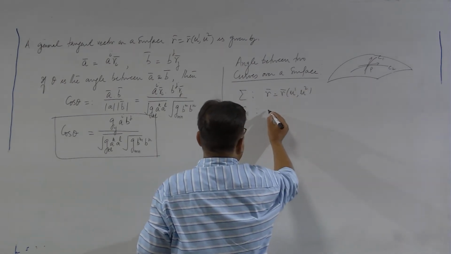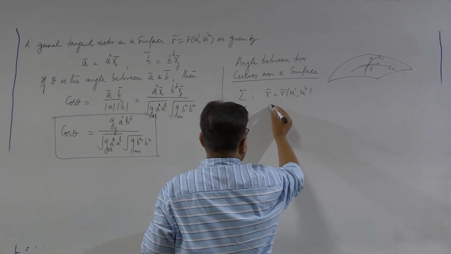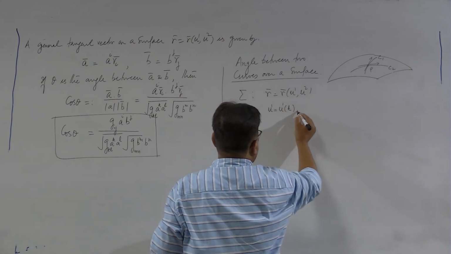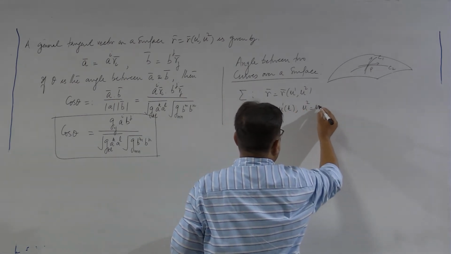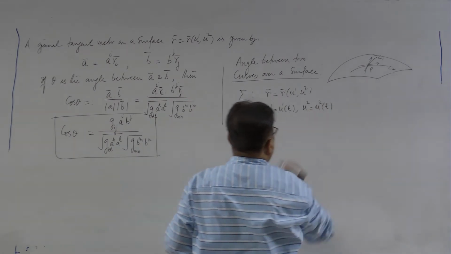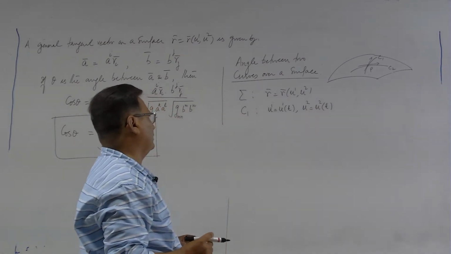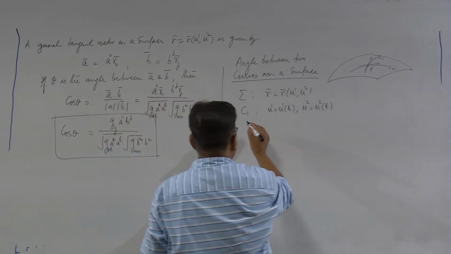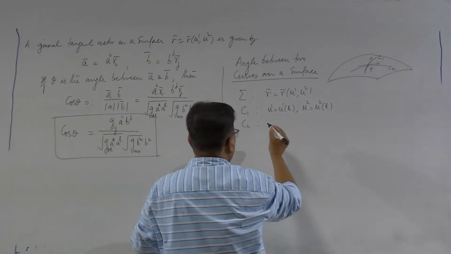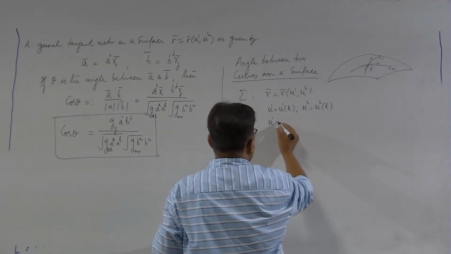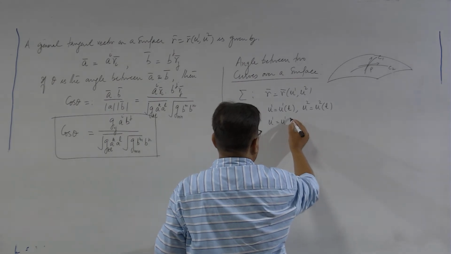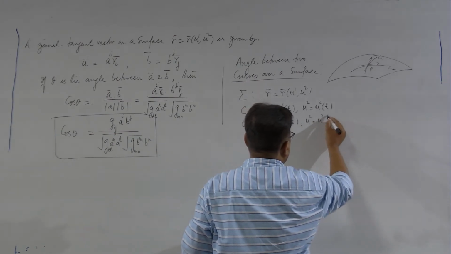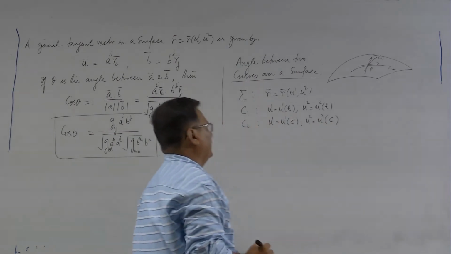C1 is a curve given by u1 equal to u1(t) and u2 equal to u2(t). So, C1 is obtained by taking u1 u2 as functions of a parameter t. C2 is another curve with some other parameter, say u1 equal to some u1(tau) and u2 equal to a function of the parameter tau.